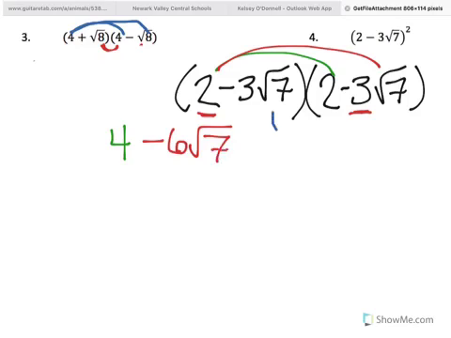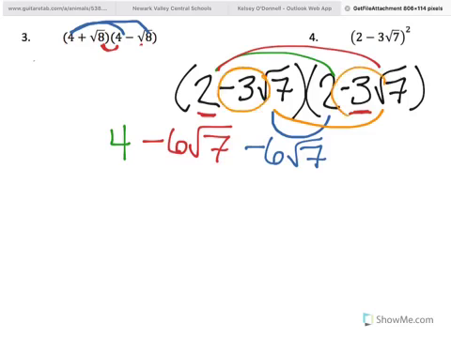And now negative 3 radical 7 times 2 is negative 6 radical 7. And negative 3 radical 7 times negative 3 radical 7. So the negative 3 times the negative 3 is a positive 9. And the radical 7 times radical 7 is radical 49.